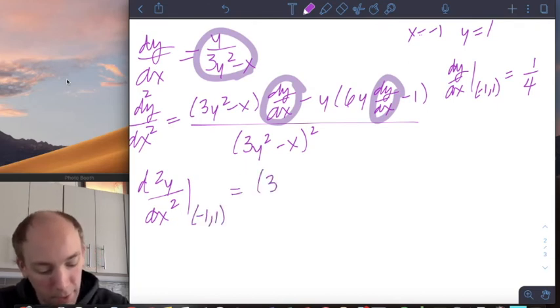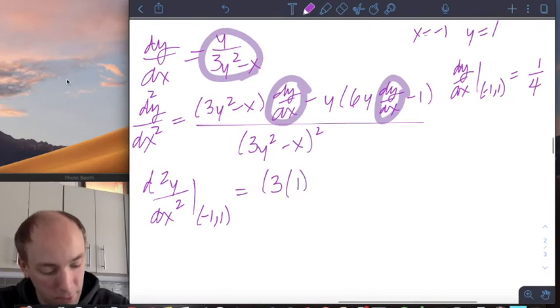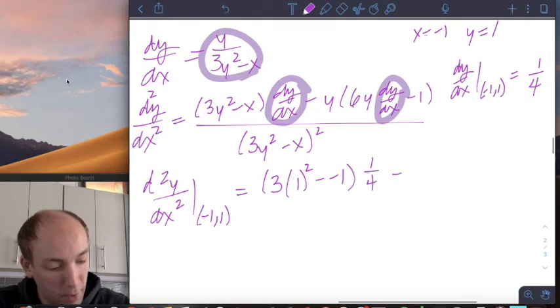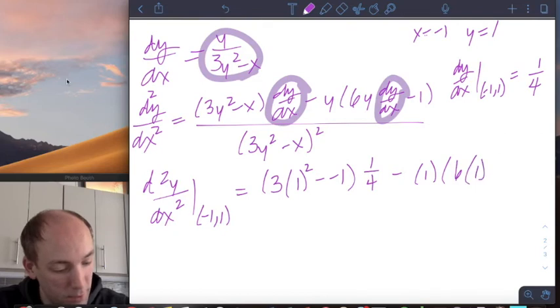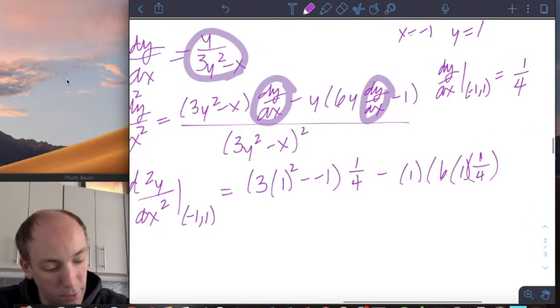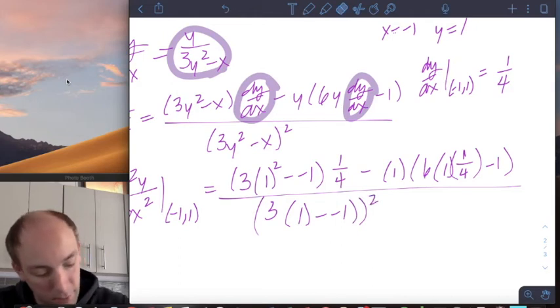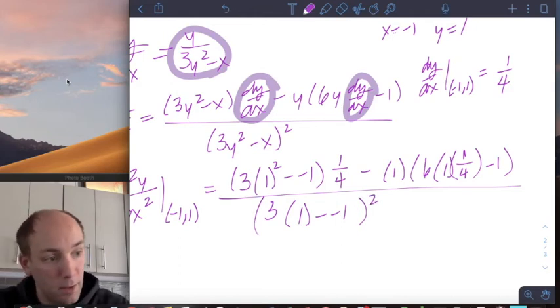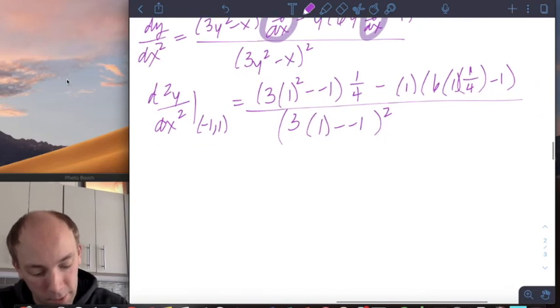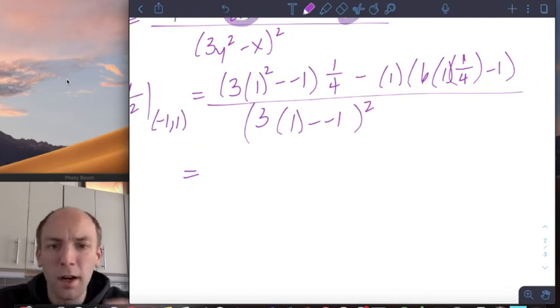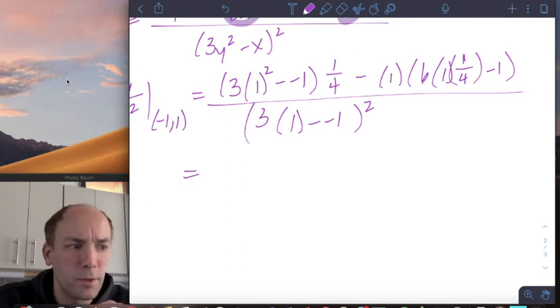So I'm going to have 3 times the y value of 1 squared minus negative 1, times dy/dx which is 1/4, minus the y value of 1. Then 6 times 1 times 1/4, times 1/4, minus 1, all over (3 times 1 squared minus negative 1) squared. Let's start simplifying. 3 times 1 squared minus negative 1 would just be 4.